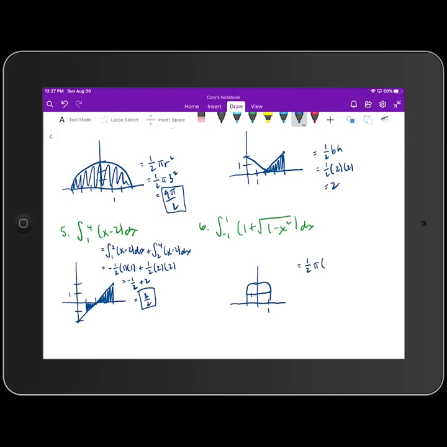So the radius of that circle is 1, plus the area of the rectangle that it lies on top of. So the area of that rectangle down below is going to be the base, which is 2, times the height, which is 1. Okay, so this first calculation here is going to give us the area of that half circle, and then the second calculation is going to give us the area of the rectangle that lies below. Okay, so when we simplify this, this winds up becoming pi over 2 plus 2.